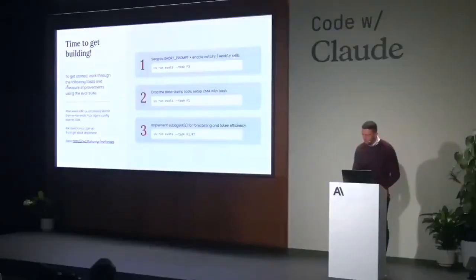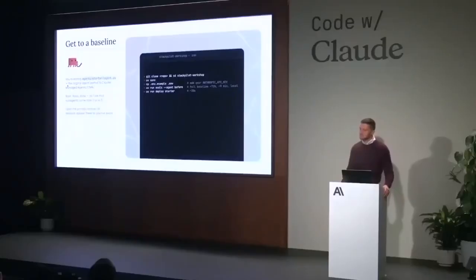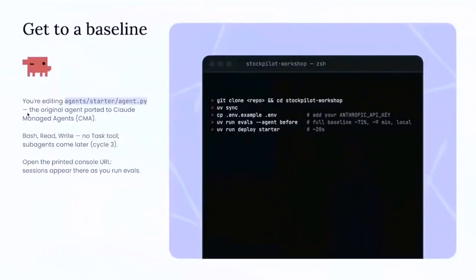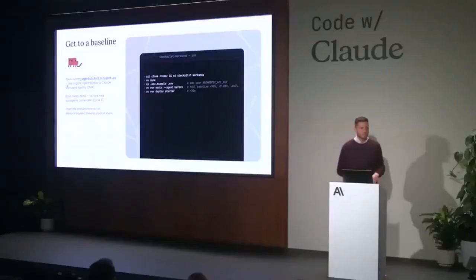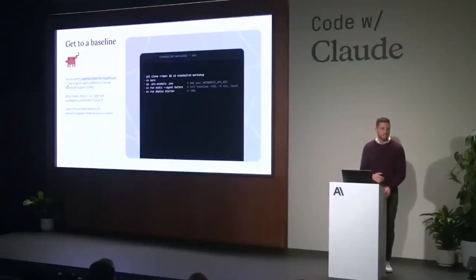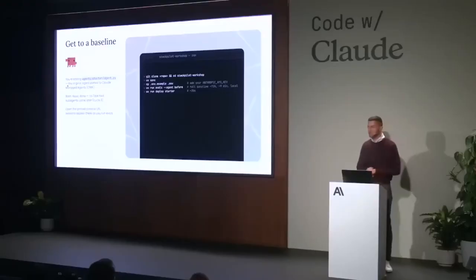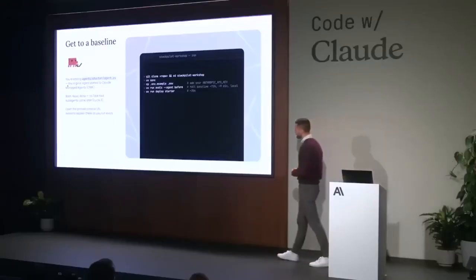I'm going to jump back for a moment. There's one thing I forgot to mention as you get started. Within the repo folder, there are 2 different folders: a before folder and a starter folder. Those contain 2 separate agents. If you want to view the messages API version of the agent, where I'm building my own agent loop and my own agent harness around the Anthropic messages API to invoke Claude, you'll see that within the before folder.